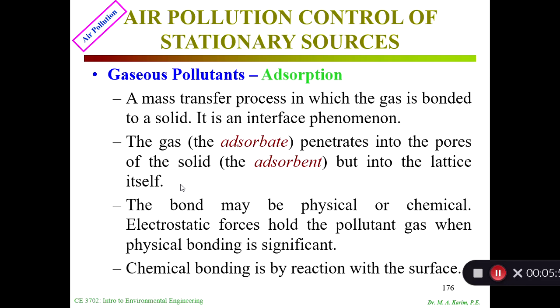So this is adsorption. Adsorption is a kind of surface phenomenon, a mass transfer process in which the gas is bonded to a solid. It is an interface phenomenon. It's not an internal phenomenon, it's an external phenomenon. The gas, called the adsorbate, attaches to the surface of the solid, called the adsorbent, not into the lattice itself.